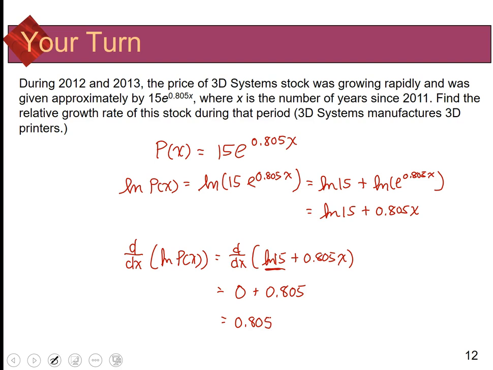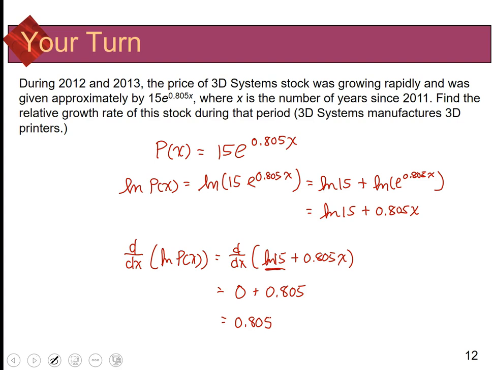And you can see here, I have no mention of x. So I don't have to plug in any number to represent the time period here. During this entire time period, it was a pretty constant relative growth rate.